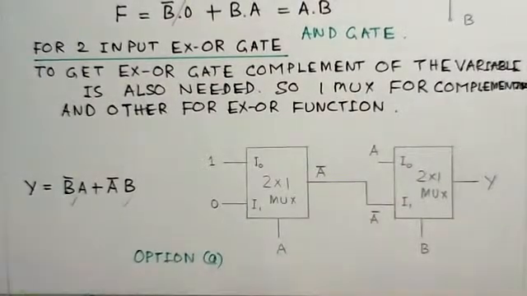So you have to be more careful about these problems. Try to solve most of the multiplexer problems which appear in GATE, and you can also do some more problems as practice from some other source, so that will help you a lot.